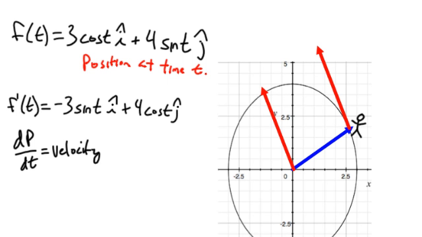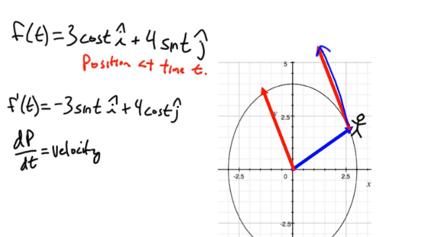And we already know the direction. The direction is tangent to the curve, and that makes sense because at any particular time you can imagine you're walking in a straight line, and then you just turn slightly an instant later. So this vector represents the velocity.